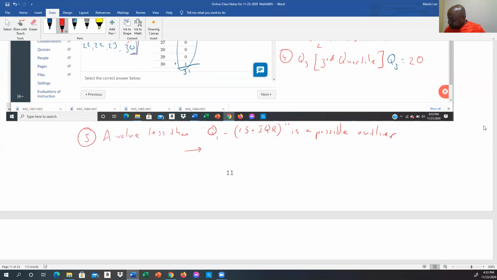And now we're going to substitute our values in for Q1 and IQR. So Q1 is equal to 18 minus 1.5 times the interquartile range, which was 2.